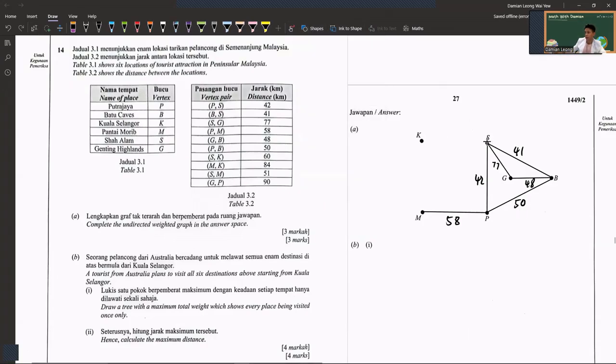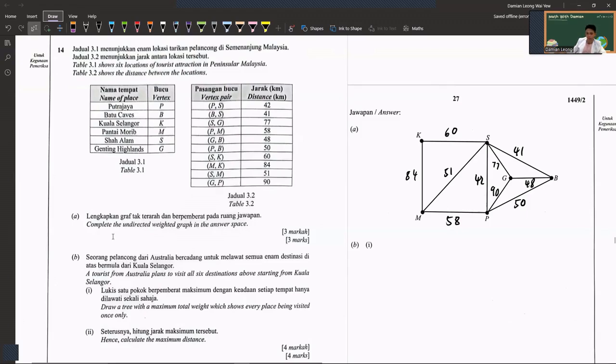SK, 60. MK, 84. SM, 51. And GP, 90. That's it. That's the undirected weighted graph.